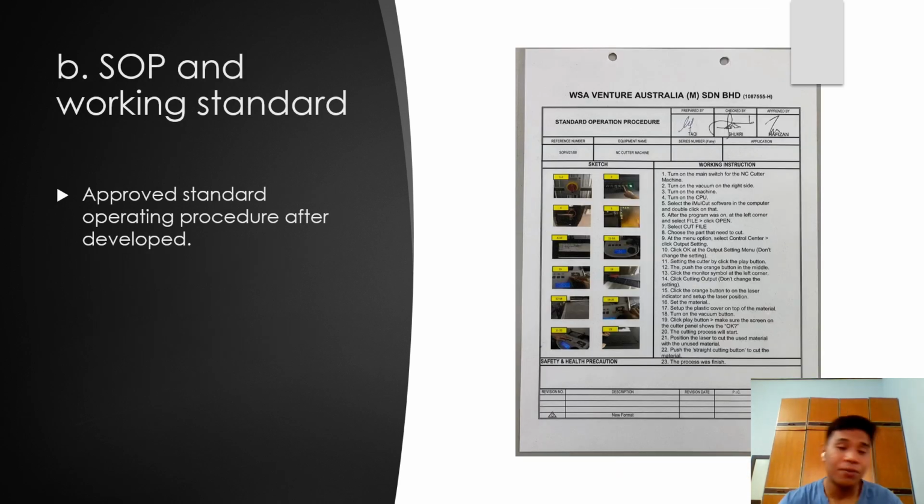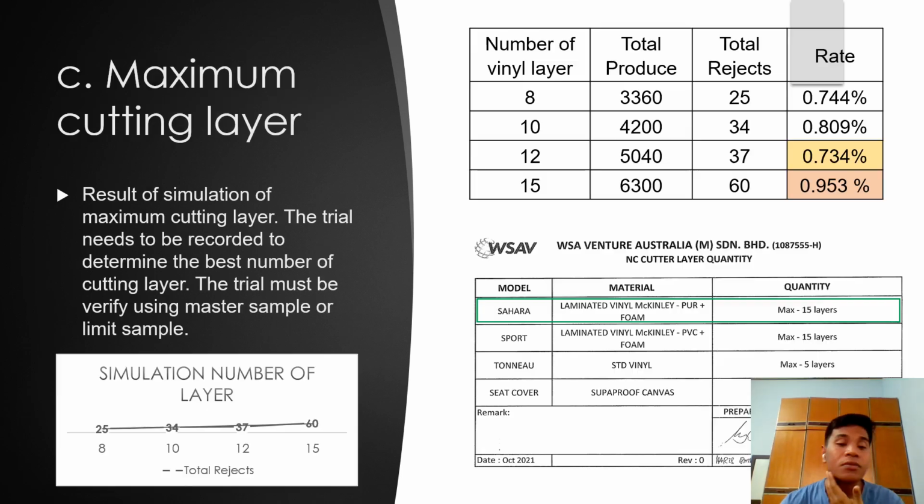For SOP developing, these are the approved SOP which has been signed by the engineers and by the HOD. For the maximum cutting layer, we simulate 8 layer, 10 layer, 12 layer and 15 layer.